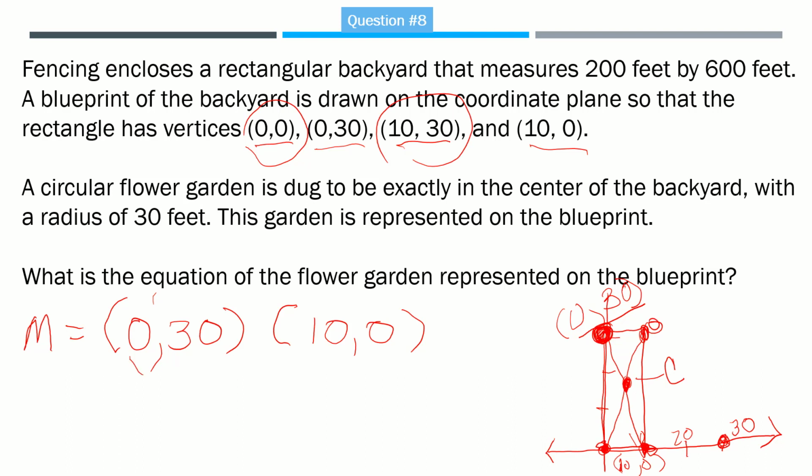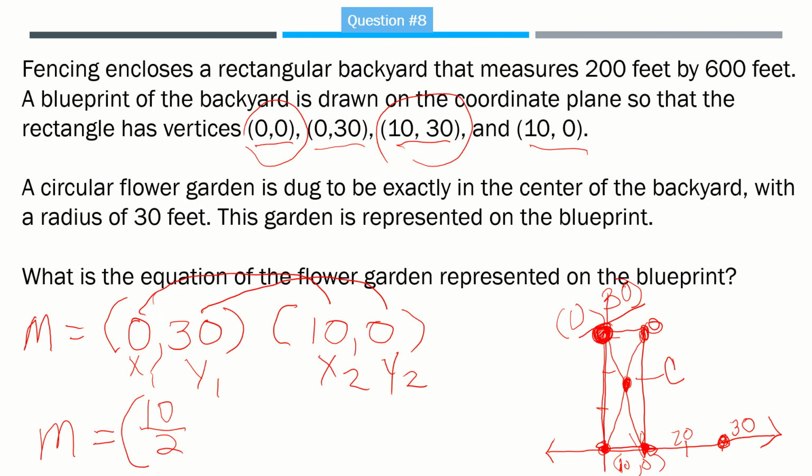All right, I'll call this x sub 1, y sub 1, x sub 2, y sub 2. And I'll use the midpoint formula, which is basically adding the x coordinates. 0 plus 10 is 10, and dividing by 2. And then adding the y coordinates, 30 plus 0 is 30, and dividing by 2.